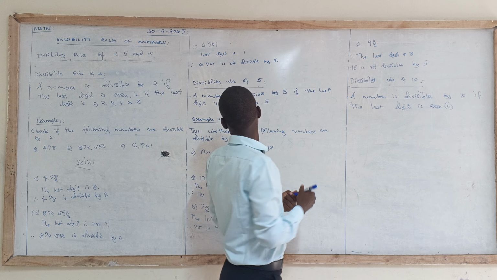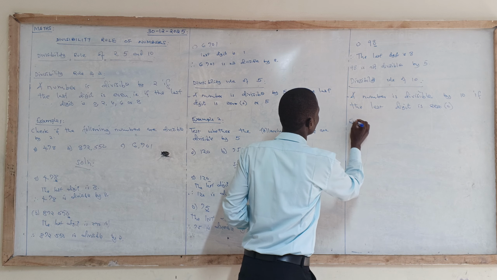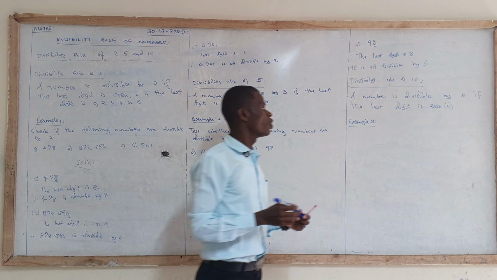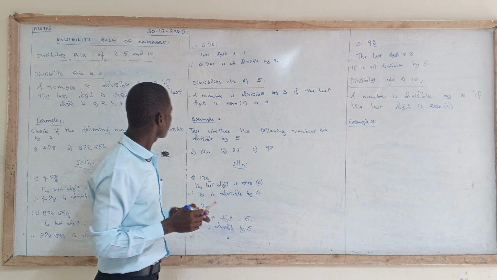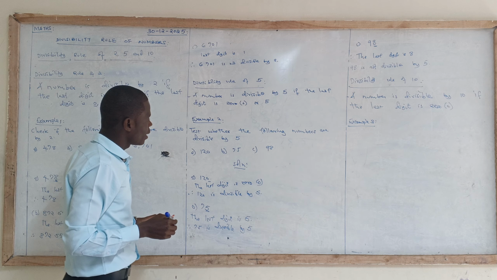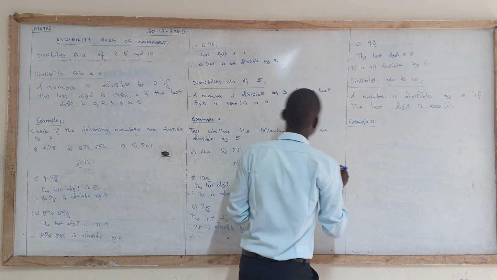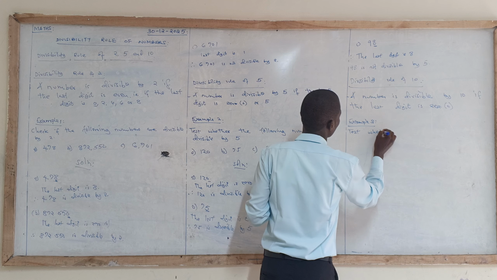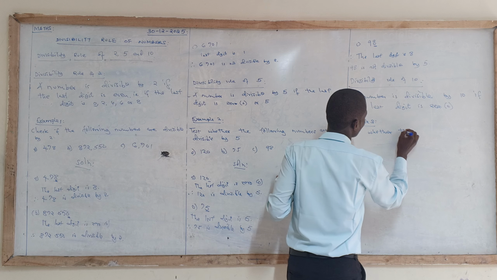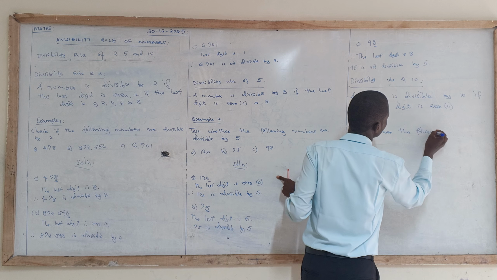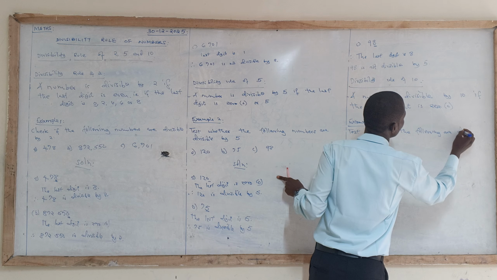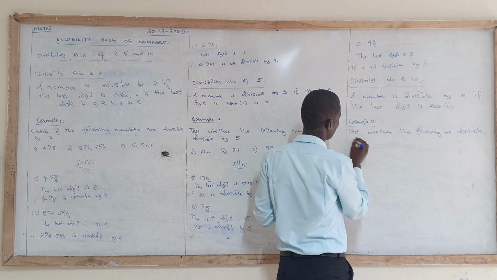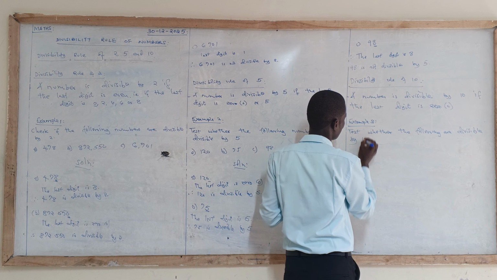Already we know. So you can be told an example 3 here. Example 3. You can be told, check or test whether or confirm. So test whether the following are divisible by 10.